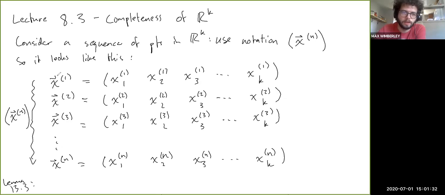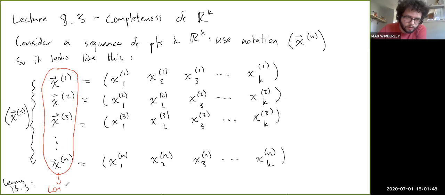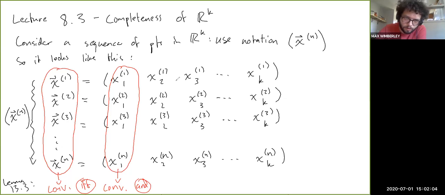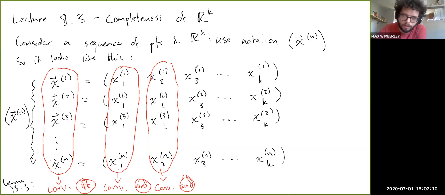Lemma 13.3 says that this sequence here converges if and only if this sequence converges, and this sequence converges, and this sequence converges, and so on.